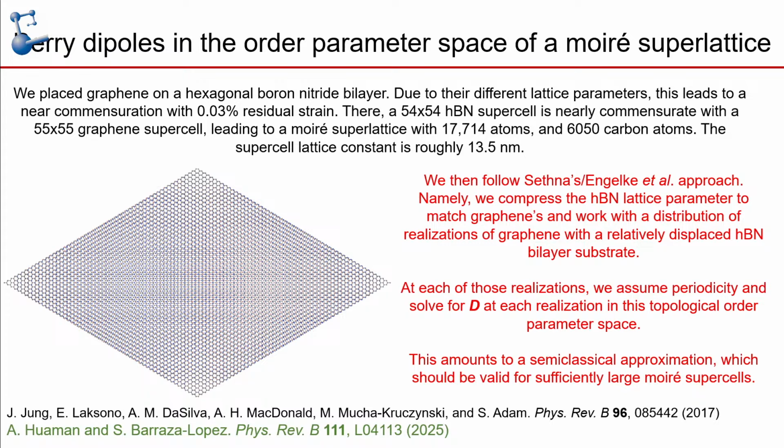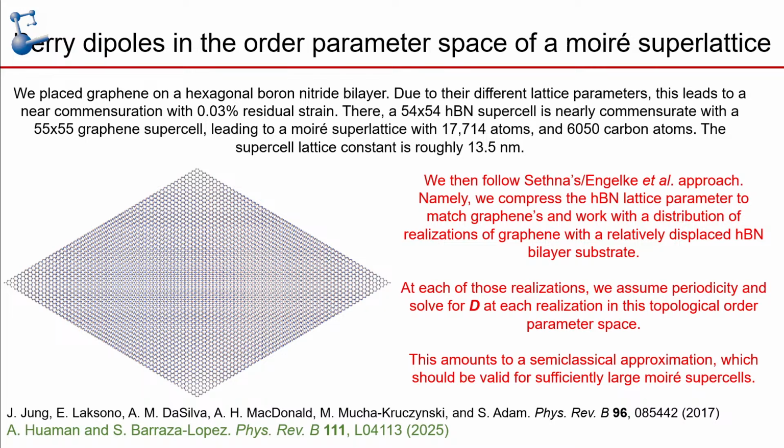If you take 54 hexagonal boron nitride lattice parameters, that will be nearly commensurate with 55 graphene lattice parameters, with 0.03% of residual strain, which is kind of good. And so this sets a supercell with about 20,000 to 26,000 carbon atoms, okay?